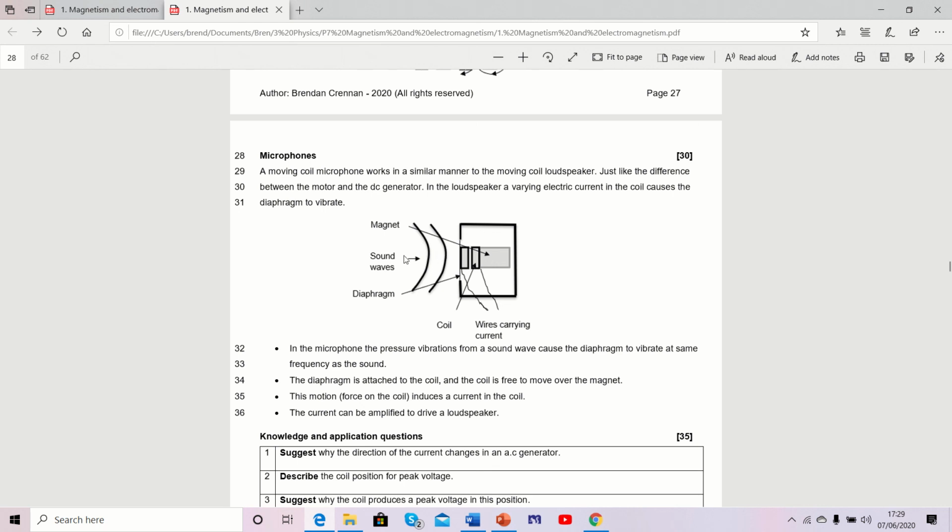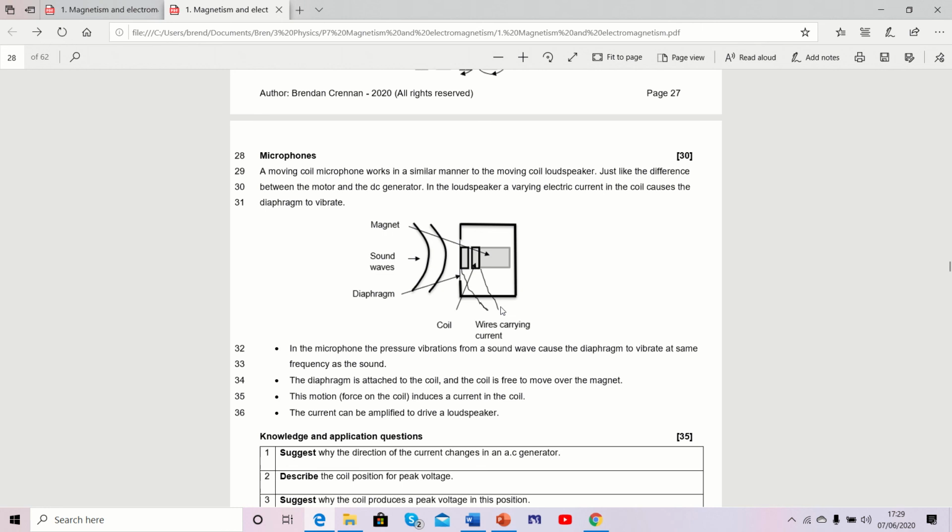That causes the diaphragm to vibrate backwards and forwards at the frequency of the sound. That is connected physically to a coil of wire, which is free to move over a magnet. So we've got a coil of wire being forced backwards and forwards, sliding over a permanent magnet. The generator effect induces a current in wires, and those wires then connect to your amplifier or whatever to record the sound.